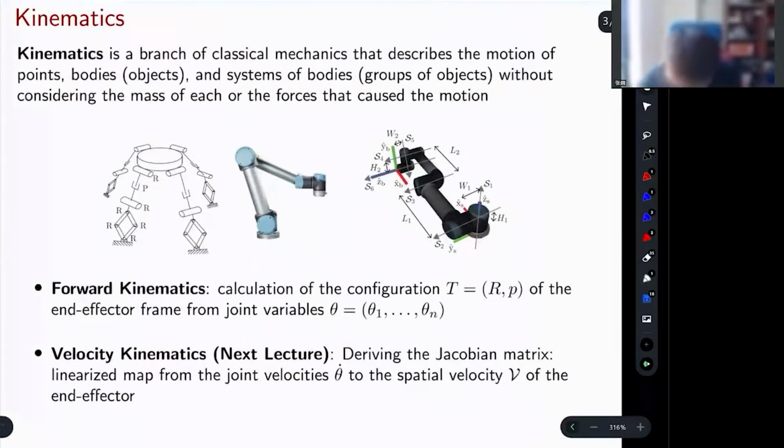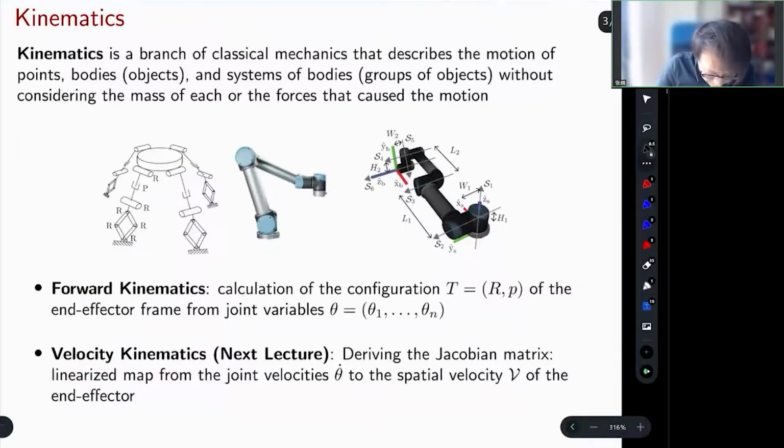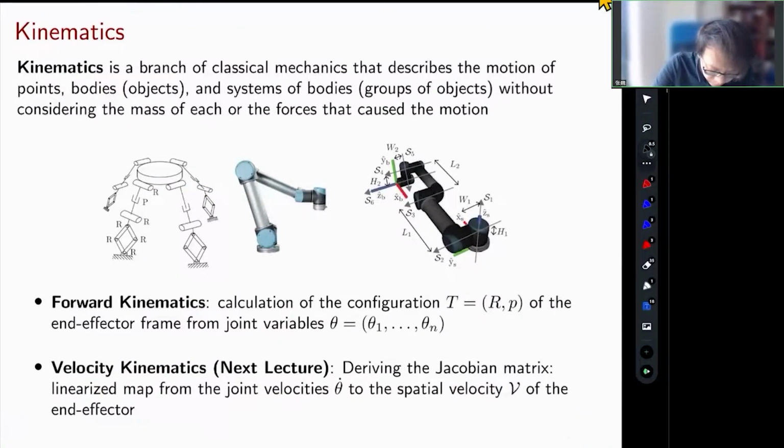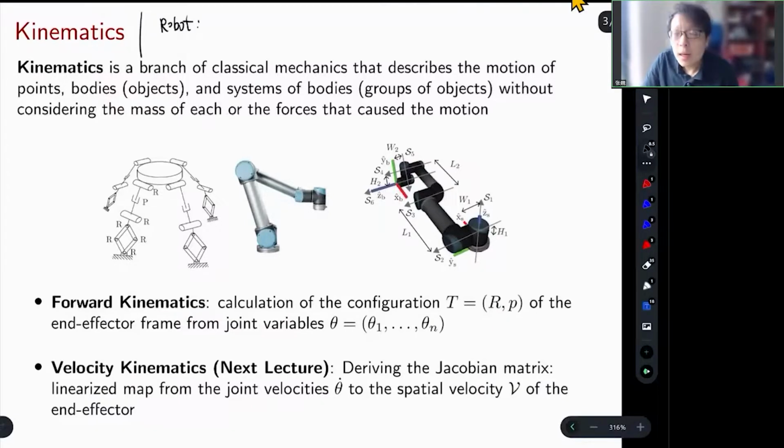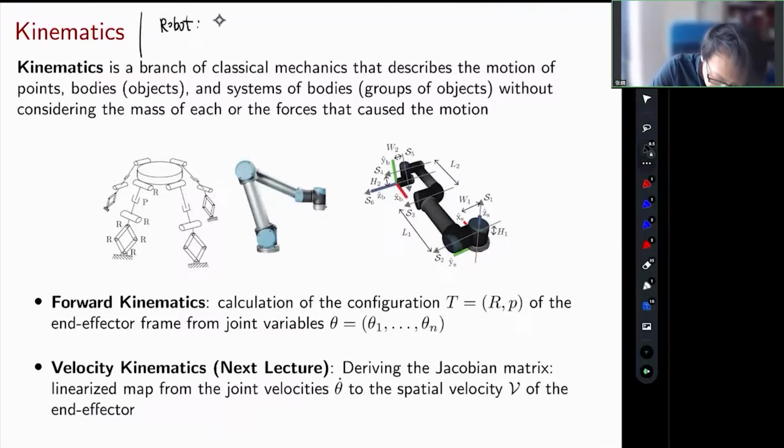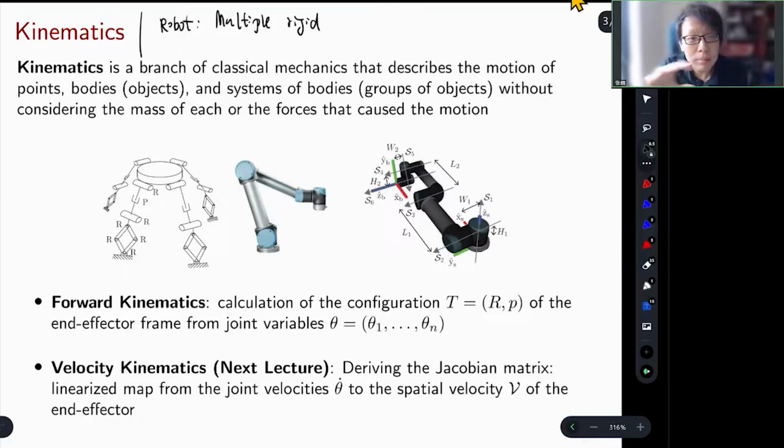So kinematics, last time I was in a rush. Kinematics is, let's first define. I think everyone should have their own definition about what a robot means. I want everyone to think about a robot as multiple rigid bodies, mathematically. Think about a robot mathematically, okay? You may have different types of robots.